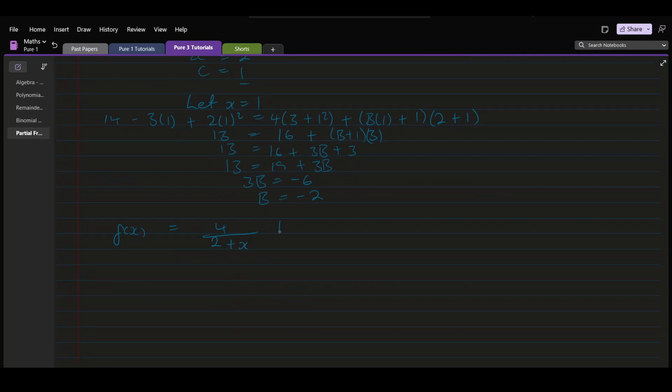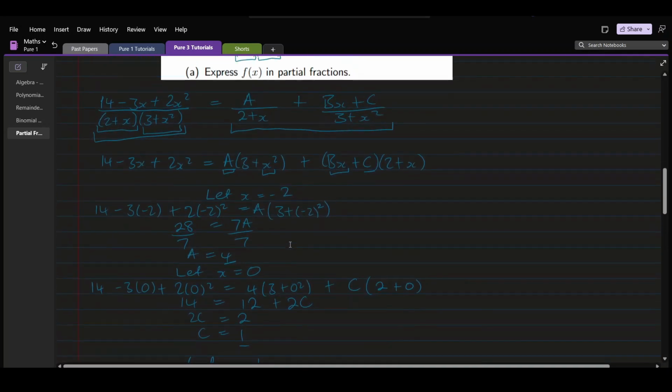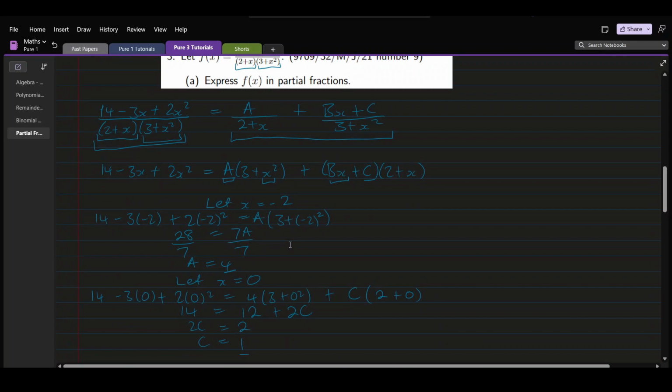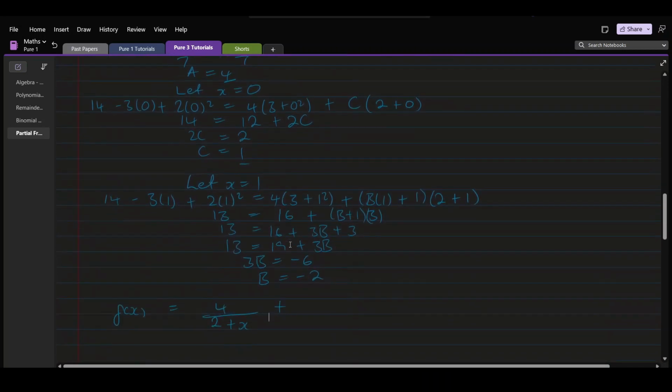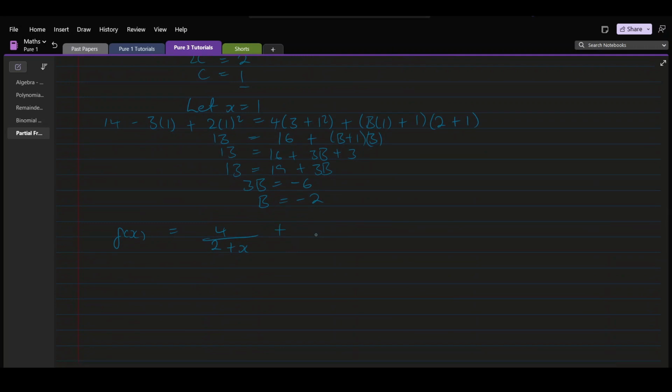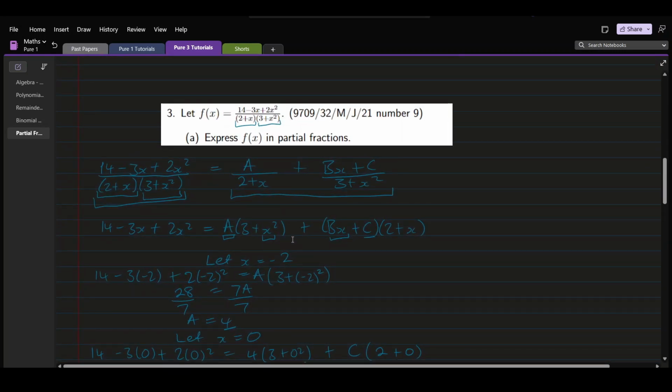And then we've got our second term, which is a quadratic, which has a numerator bx plus c over 3 plus x squared. B is negative 2, and so that's negative 2x plus c, which is 1 over, what's our quadratic, 3 plus x squared. And this would be our final answer. We have decomposed f of x into its partial fractions.